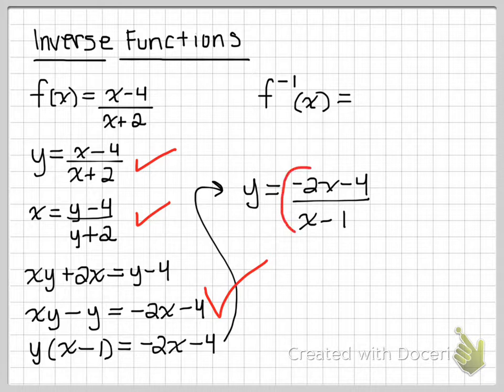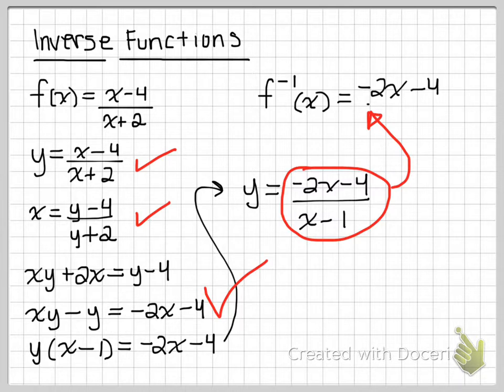So I'm going to use that expression to say what the inverse is. So the inverse f negative 1 of x is negative 2x minus 4 over x minus 1. And we found the inverse.